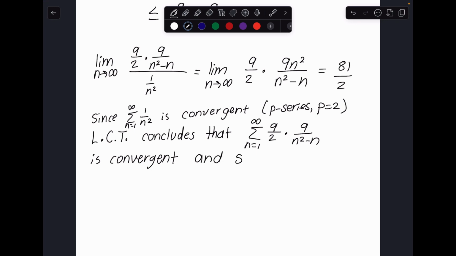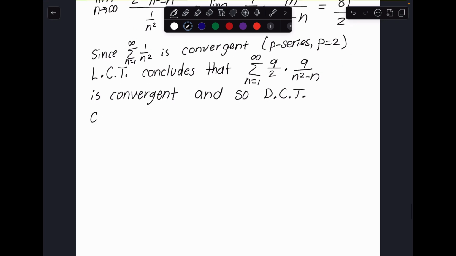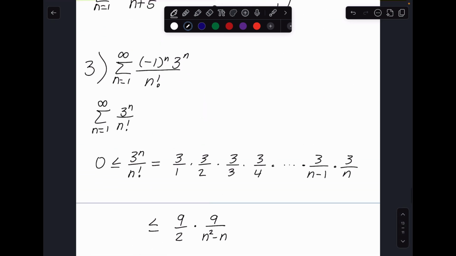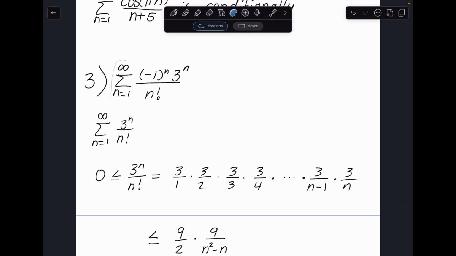And so, direct comparison test concludes that the series 3 to the n over n factorial is convergent. Well, we just showed that this series is absolutely convergent.